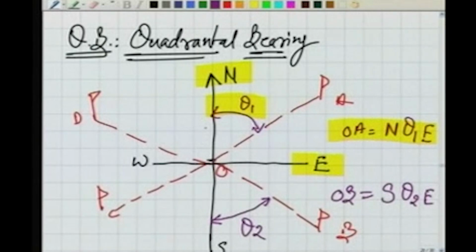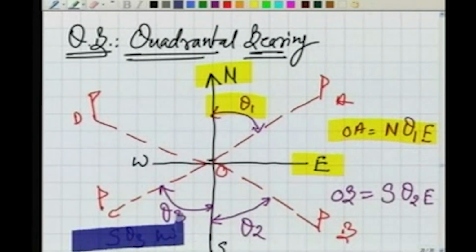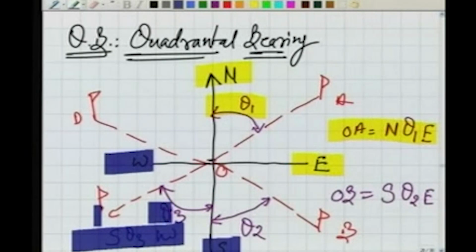Also, for example, here the bearing of OC will be, if this angle is theta 3, south theta 3 west. Now why are we writing it? Because it is from south to west, and the angle value is theta 3.